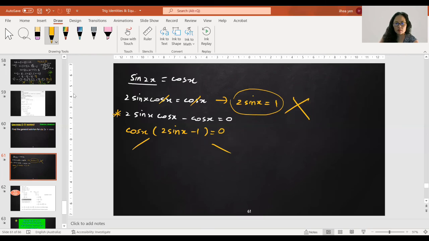So cos x equals 0, or 2 sine x minus 1 equals 0. Now that is my boundary angle. Remember that? So that's here and here. So x becomes, what is it? Pi on 2 and 3 pi on 2.